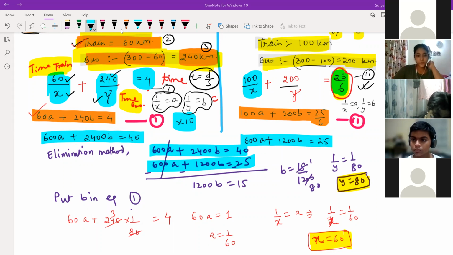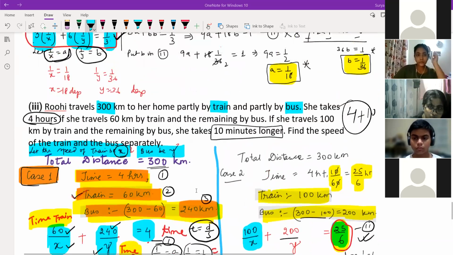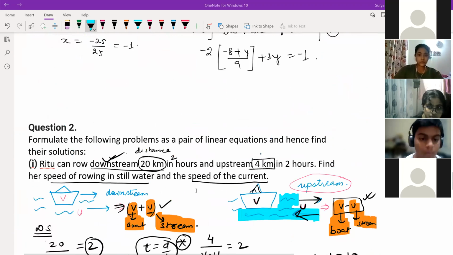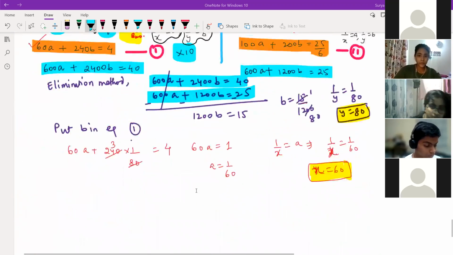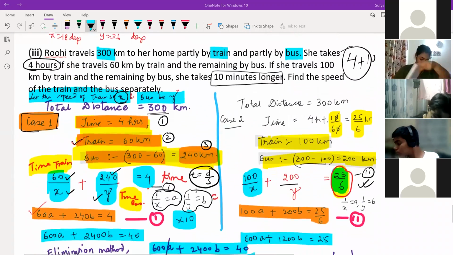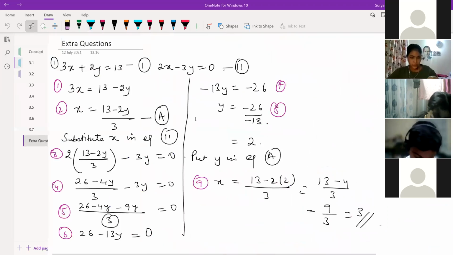Now I got it. So now we'll move to the next question. This exercise is over. Only 3 questions are there in this. See, there are only 3 questions, no, Deepshika? Yes, sir. 3 only.